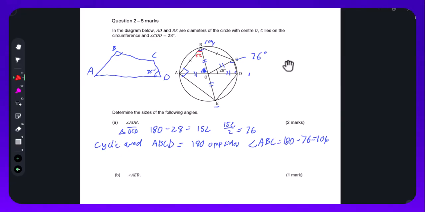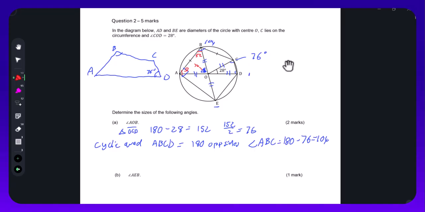And because it's part of the base of the isosceles triangle, that means both of them are going to be 52. So that means this one is going to be 52 as well. 52 plus 52 is 104, which means this one over here is going to be 76.